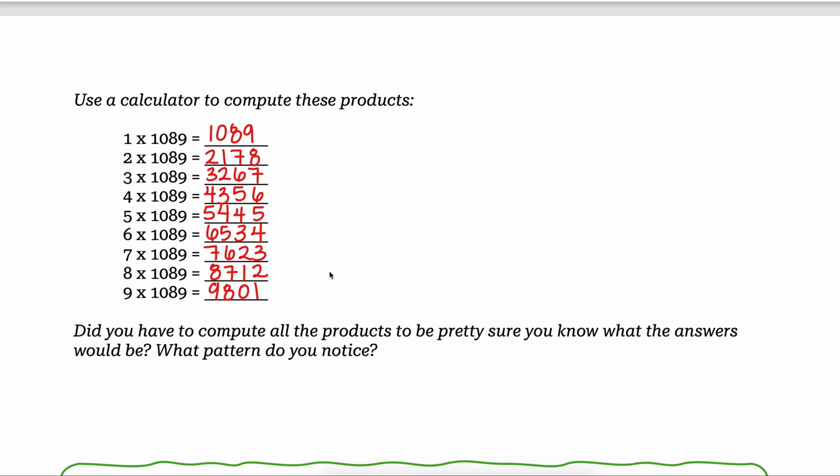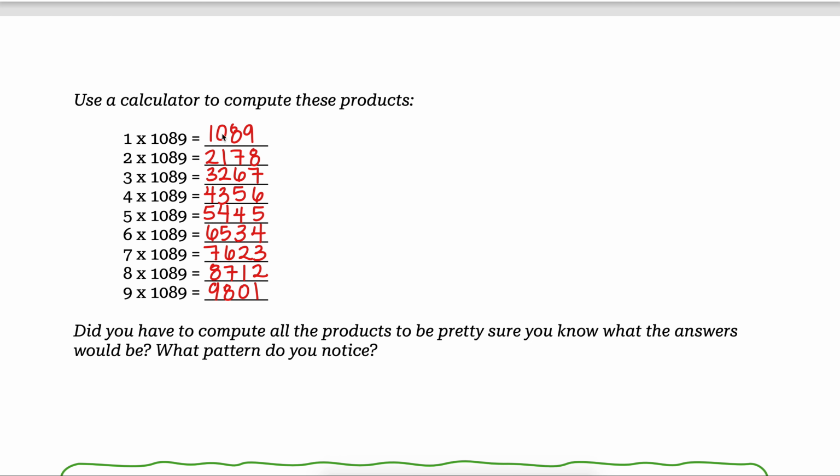So hopefully, by maybe the third or fourth one, you started to see there was a pattern happening. In the thousands place and in the hundreds place, each time the number was increasing by 1. So in the thousands place, we went 1, 2, 3, 4, and so on, up to 9.